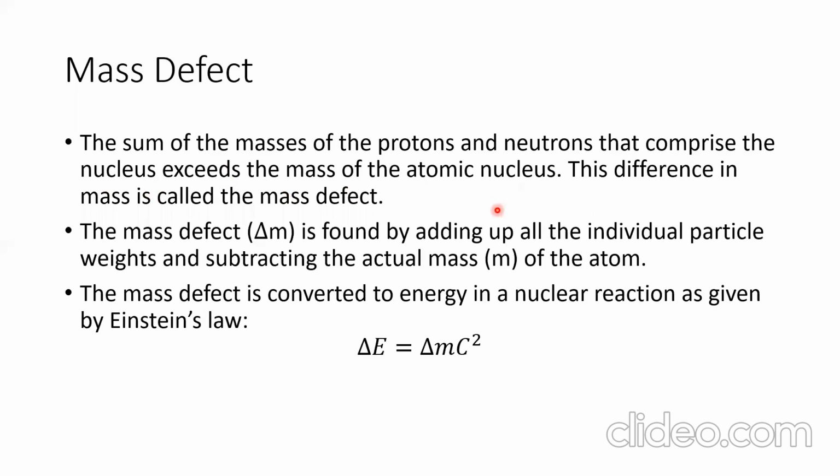Suppose we consider a particular atom and we weigh its nucleus, and if we individually take the addition of weights of protons and neutrons in the same nucleus, what happens? The mass of protons and neutrons is observed to be greater than the mass of the nucleus of the same atom.